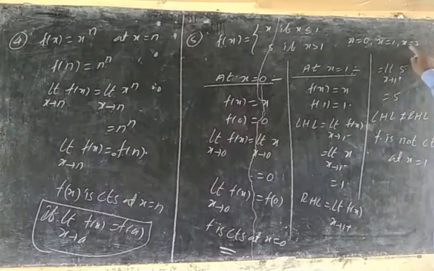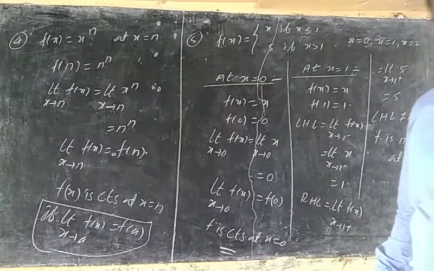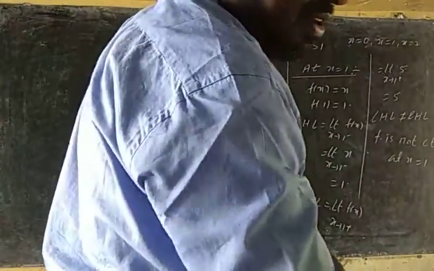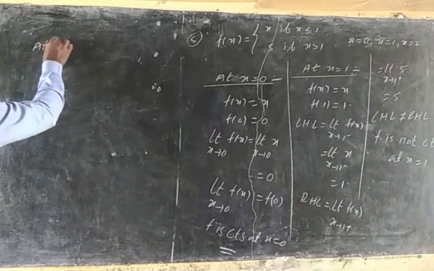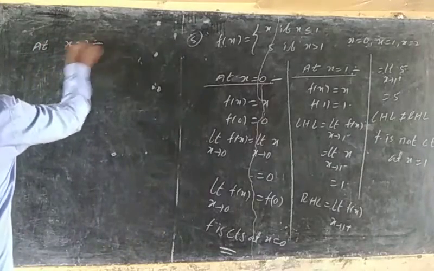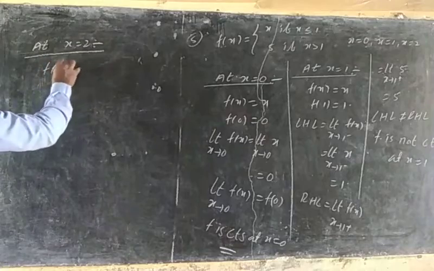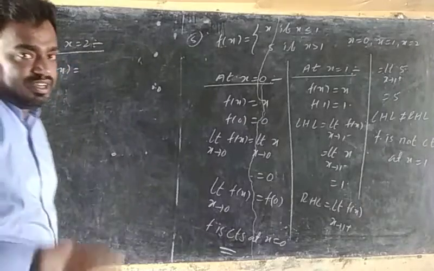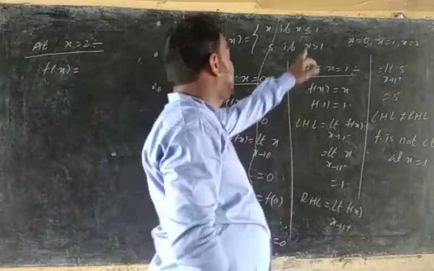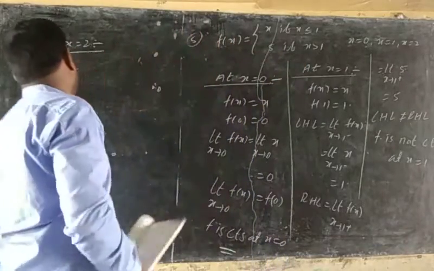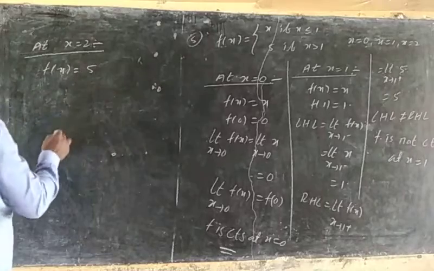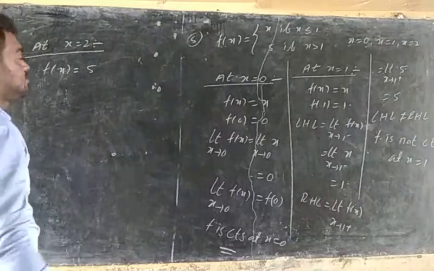Next, we need to check at x = 2. At x = 2, x is greater than 1, so the function is defined as the constant 5. So f(x) = 5. A constant function is always continuous.